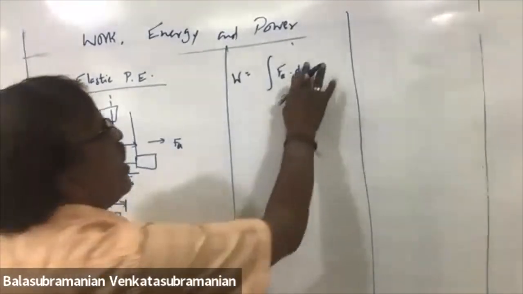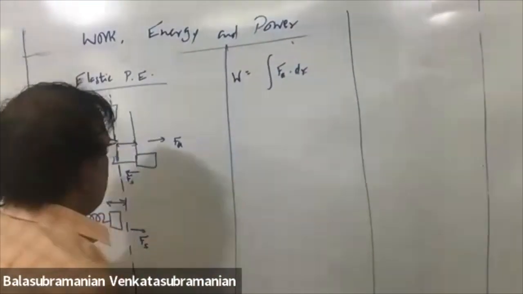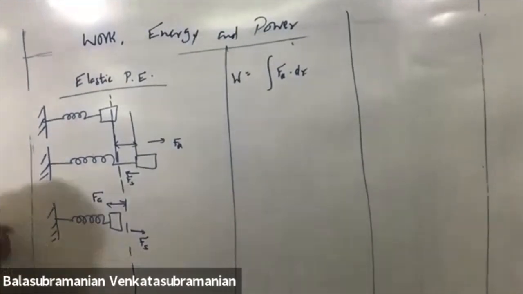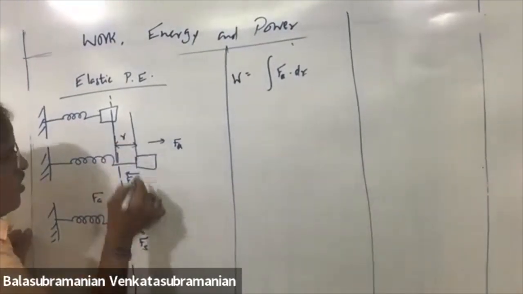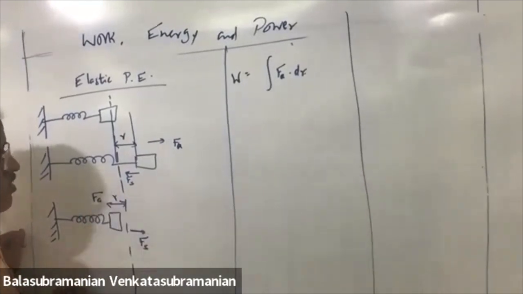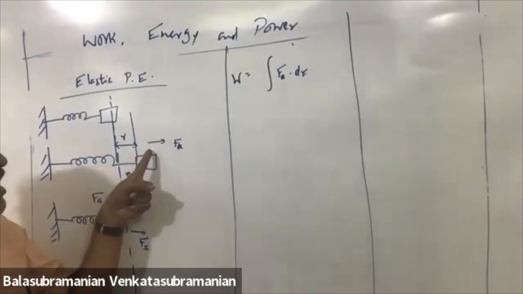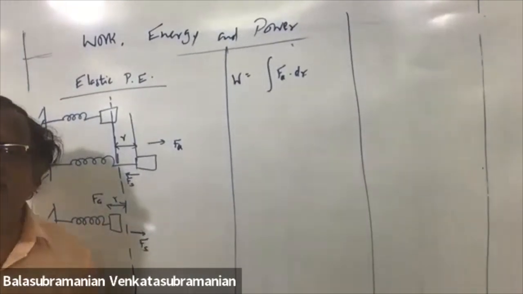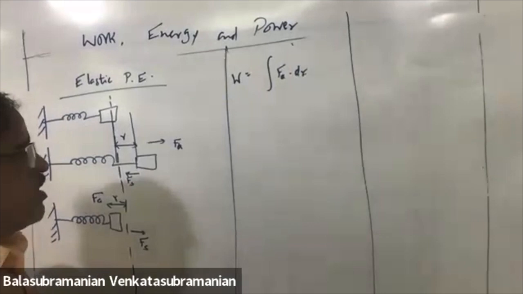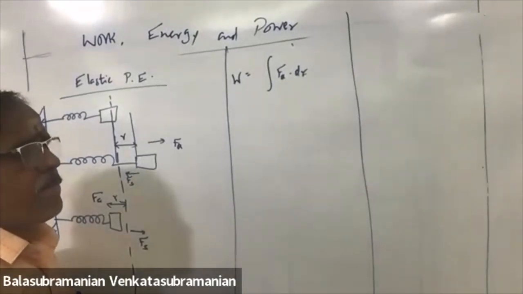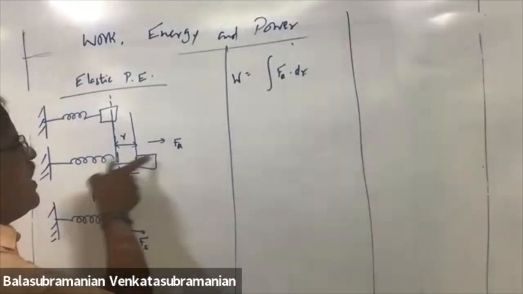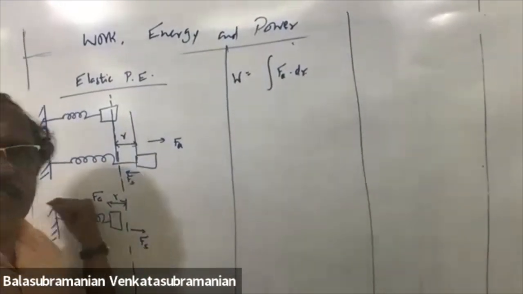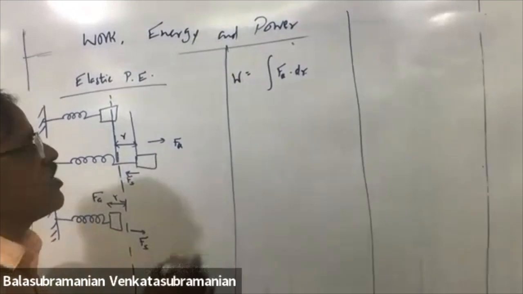No, sir, dr only I put. Okay, you put dr. You can very well write this as r, elongated by a displacement, compressed by a displacement. Along the direction of force only the body is elongated, or along the direction of force only the body is compressed, so theta is equal to 0.